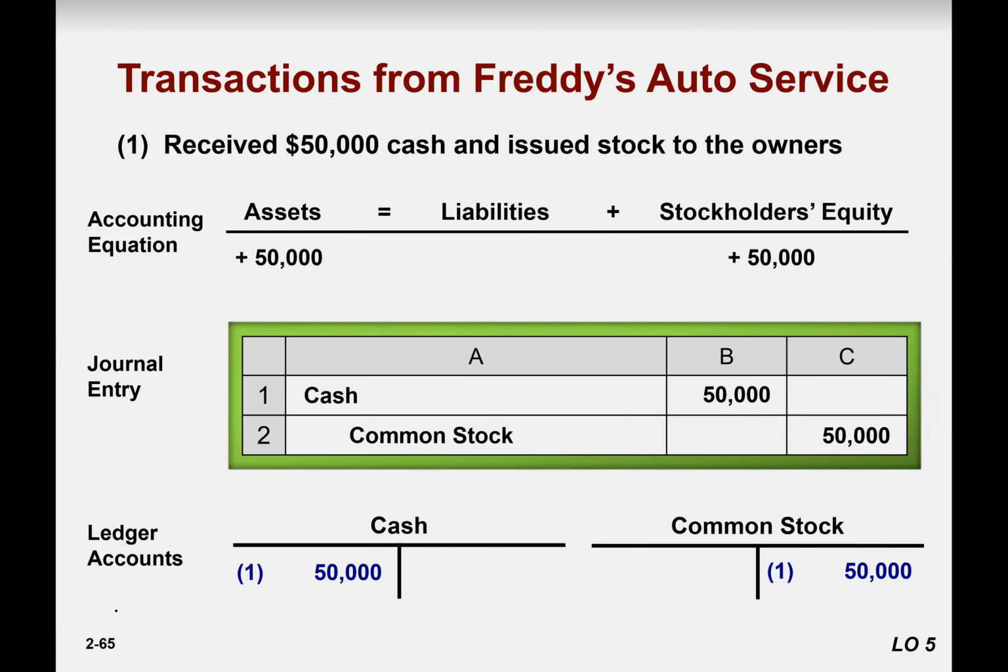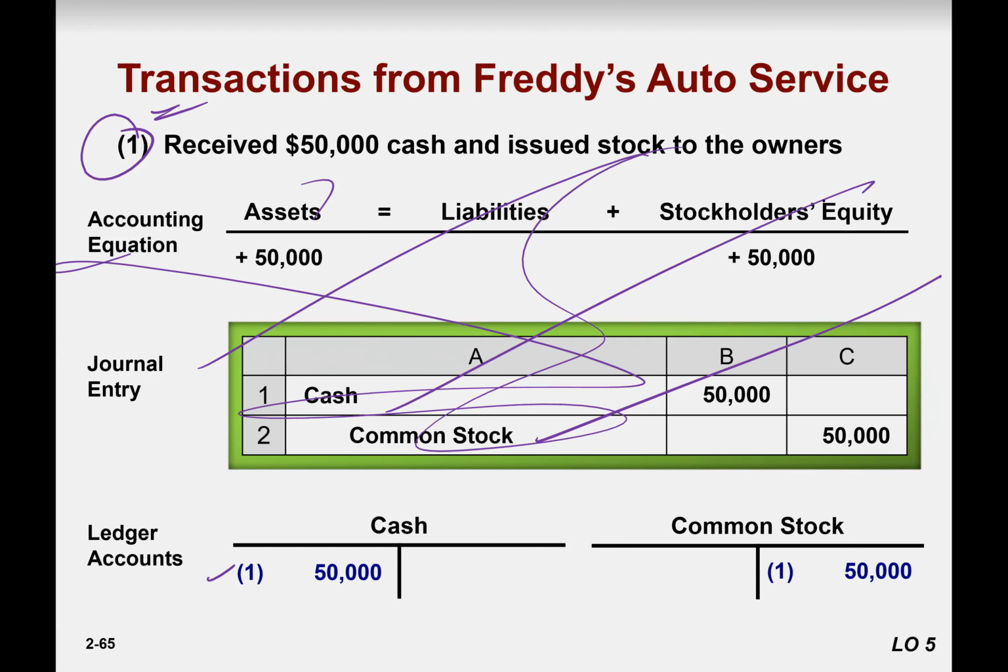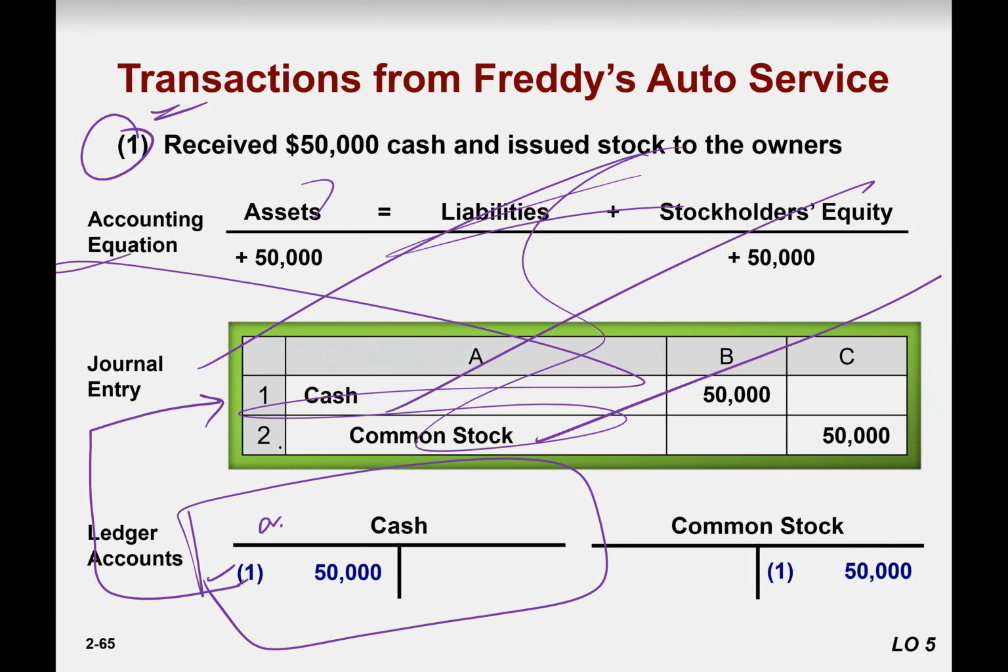So see, in posting, we have referred to number one. Number one is our transaction number. If I'm not looking at the journal or the accounting equation, and I just see this cash, my cash is debited 50,000. And how do I know that? Through transaction number one, which says receive cash and issue stock.